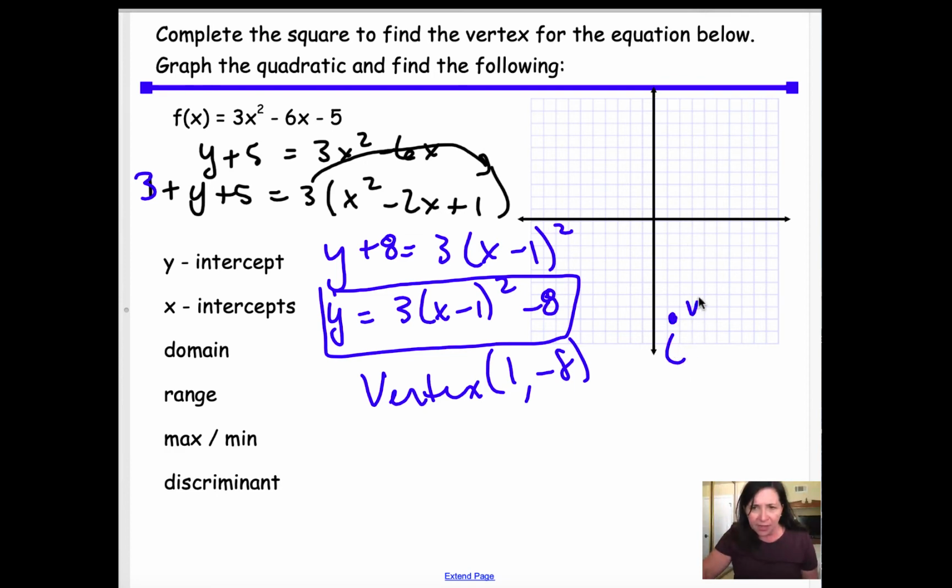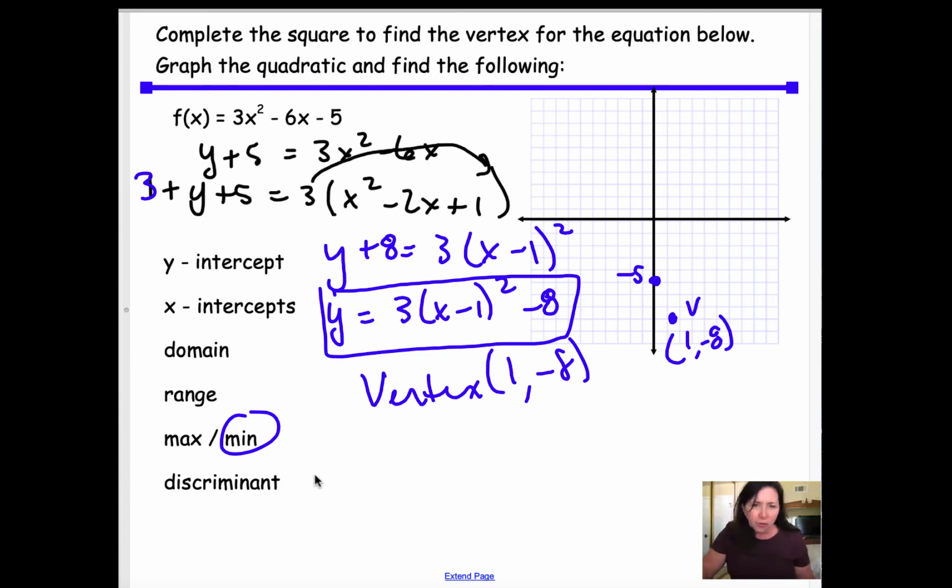I'm going to put a V there. 1, negative 8. Tell me everything you know about this. I mean, everything you know. My y-intercept is going to be at negative 5, so that'll be here. I want my x-intercepts, and I know that this is going to be a minimum because it's a positive graph.